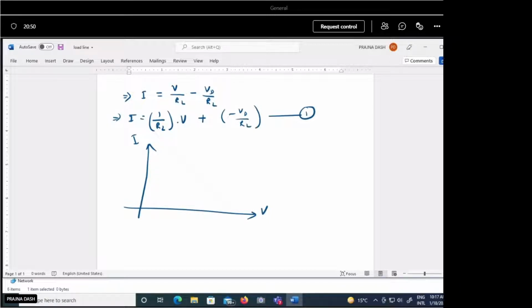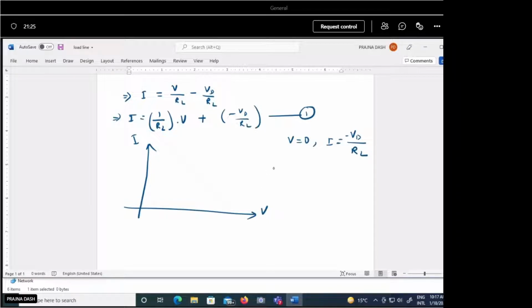So how to get these 2 points? If you put one coordinate V is equal to 0 in this equation, then what will be the value of your I? I will be minus VD by RL. If you put V is equal to 0, we are getting minus VD by RL.